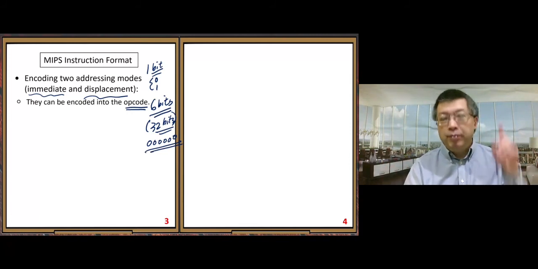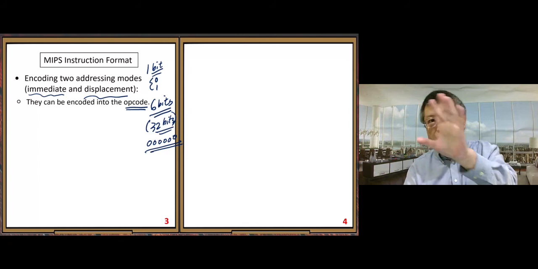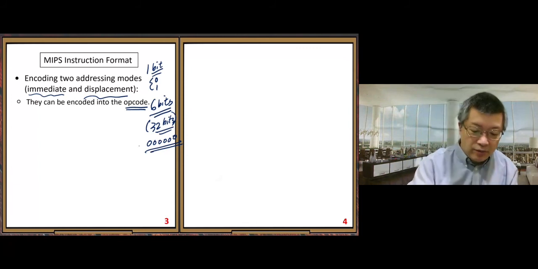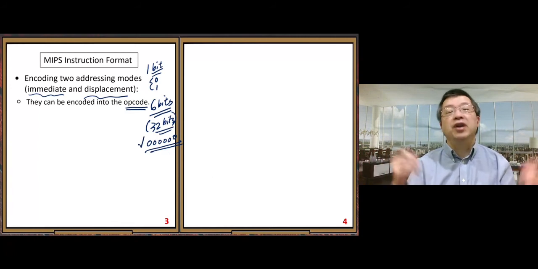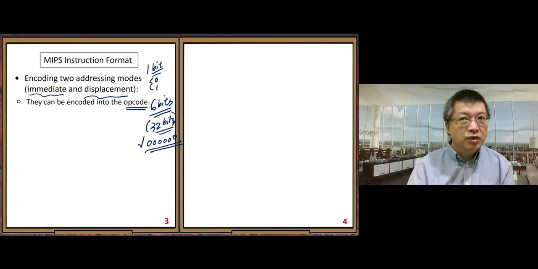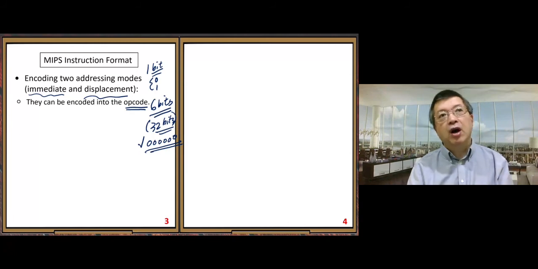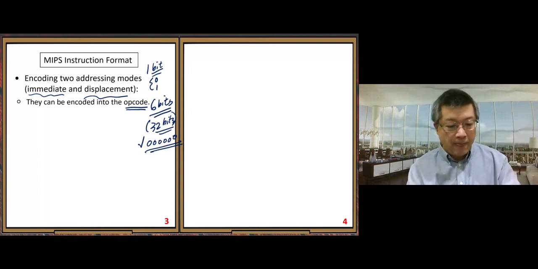It will be used in another type of instruction. So you can see up to 127 different operations we can represent using this 6-bit opcode.